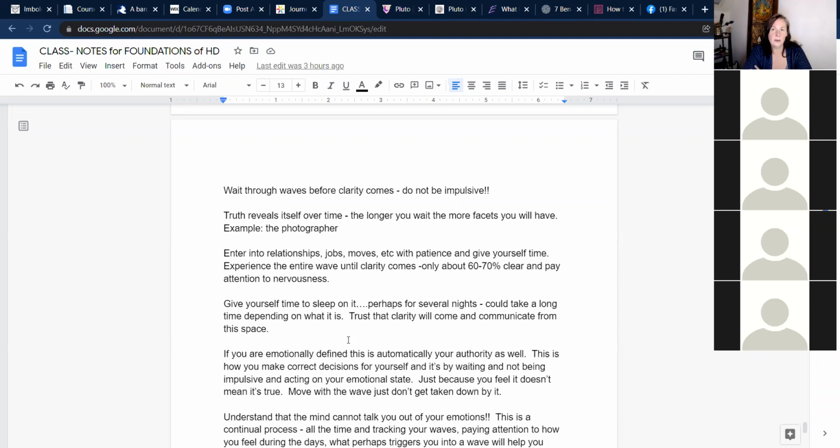So the other thing too, and I'm not sure if you remember from before when we talked about this as authority, is that it will never get 100% clarity. How you understand clarity for yourself is when you're ready to confront whatever situation you're in. Maybe it's with another person, maybe it's a decision you're making and you're like, oh, I don't know.